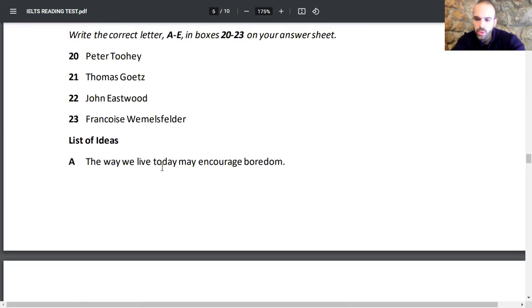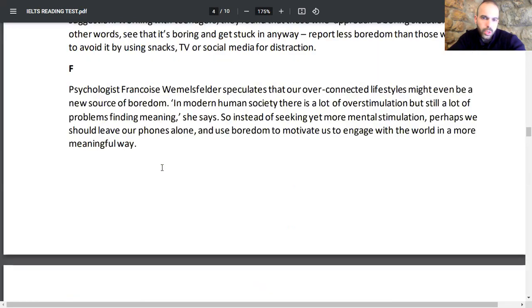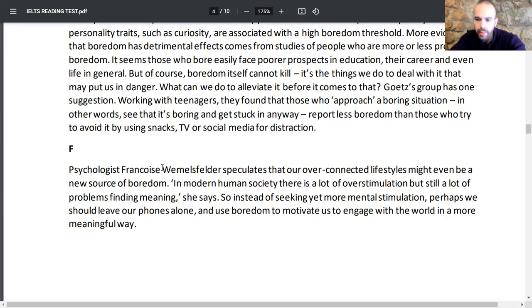So as you can see, Françoise, her name is mentioned in the last paragraph. So if we go to the last paragraph, she believes that in modern human society, there is a lot of overstimulation, but still a lot of problems finding meaning. So our modern lifestyles, therefore, tend to stimulate us too much without enabling us to find any meaning for what we do, okay?